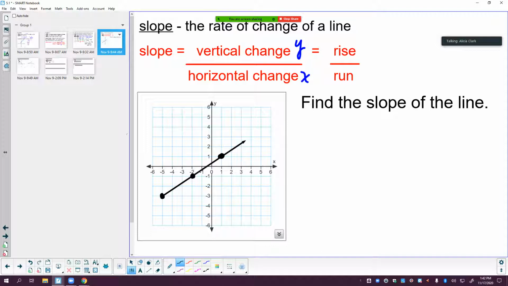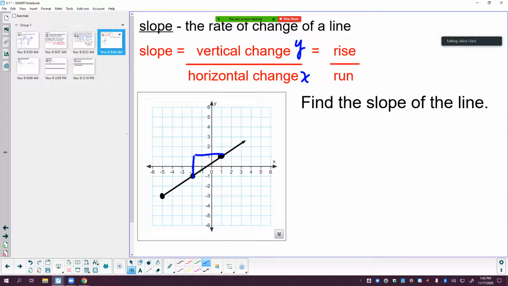You have a couple of different options where you can see where it's crossing on the grid. To find the slope of my line, I need to figure out how to get from one point to the next, or how do I do rise over run, or how do I move on my graph. I'm going to use these 2 points right here and figure out how many places I have to go up and over to get to that next point. I'm going uphill.